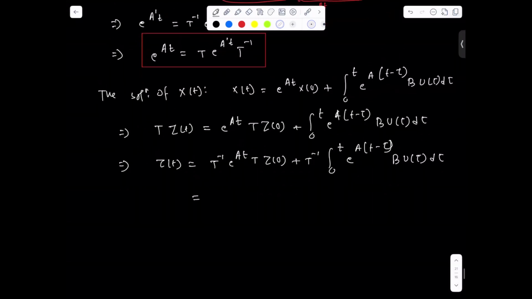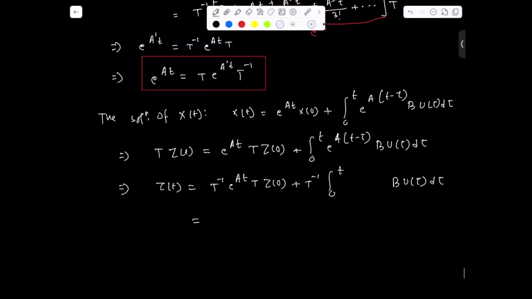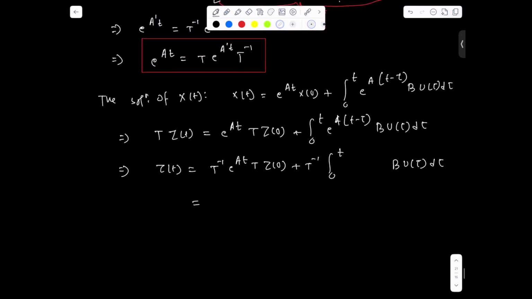I'm missing one T here. Okay, so here instead of e to the power A(t minus tau), we can also write it in terms of the transform variable what we have found.